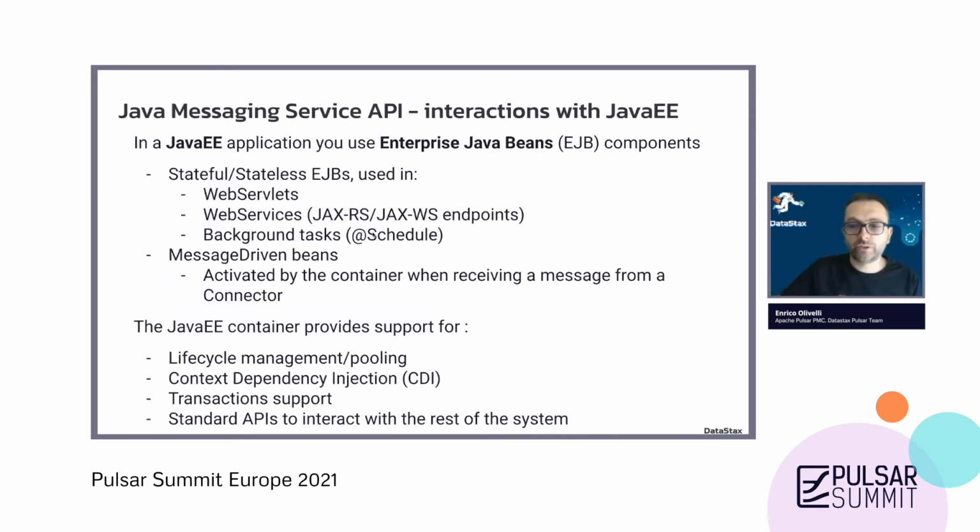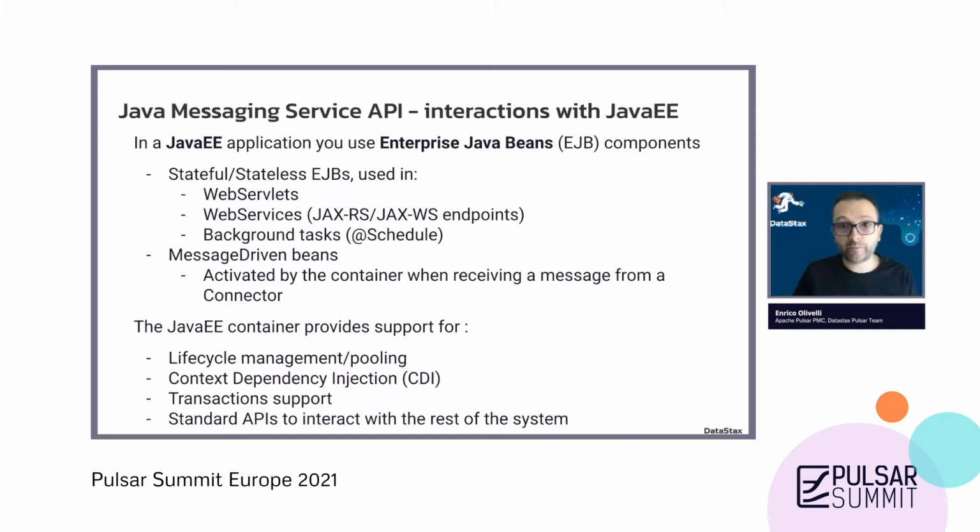When you run your application inside a Java enterprise container, you usually use Enterprise Java Beans. So you have two big families, session beans, stateful and stateless session beans, that you use in web servlets, when you write web services, or when you code background tasks. And you have message-driven beans.